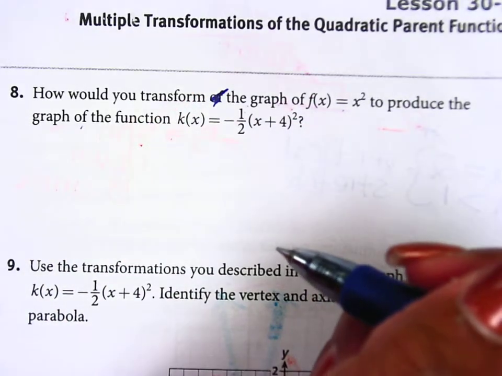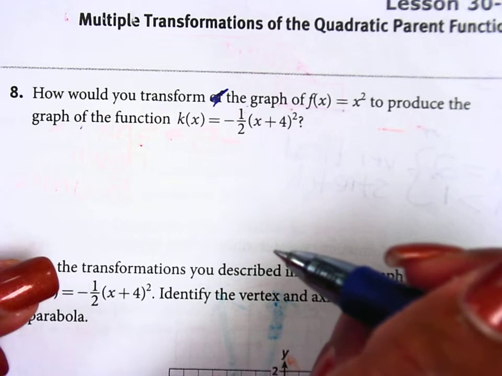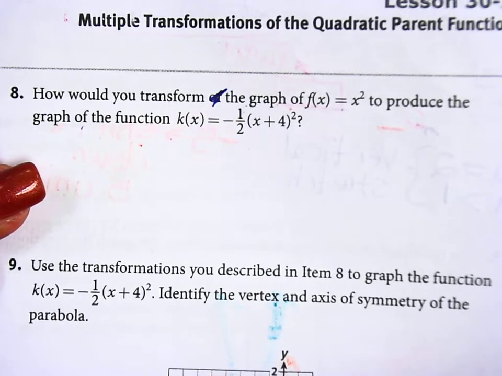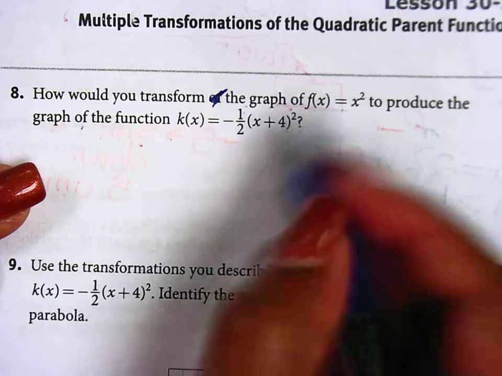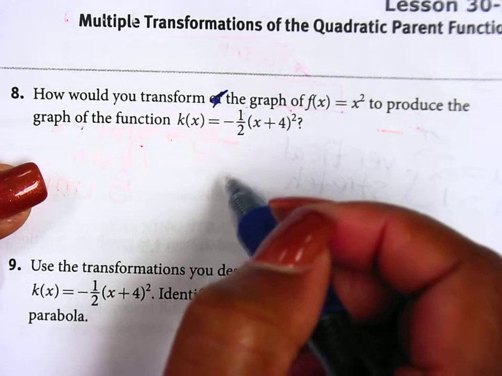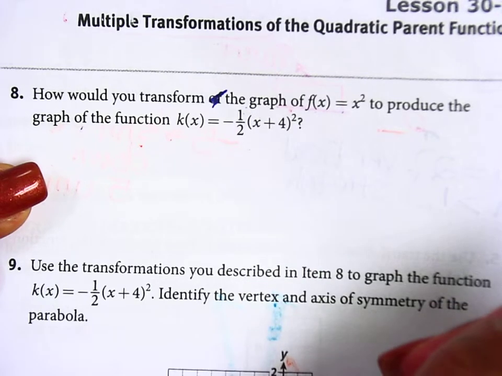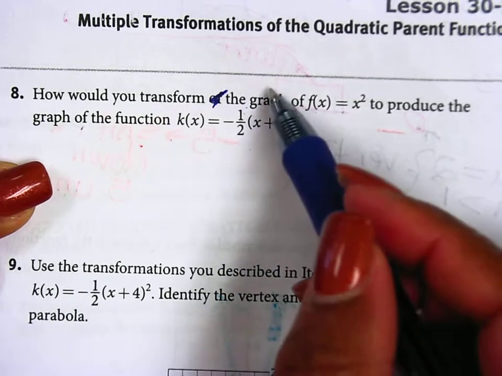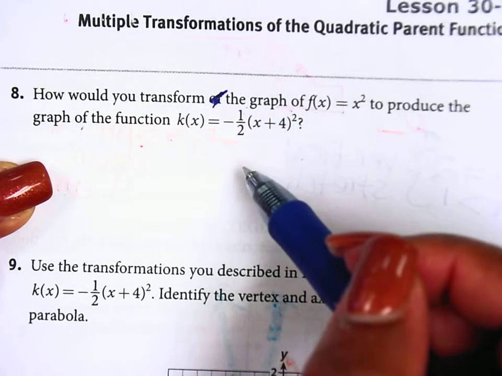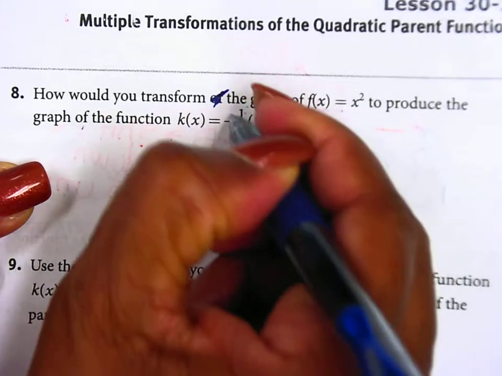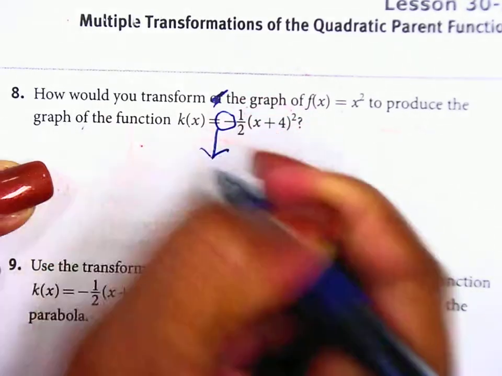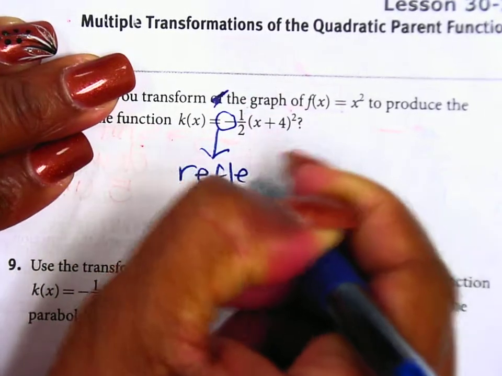Some of you probably want to distribute this. I wouldn't. Since you are Algebra 1 kids, just substitute values in for x and get your information to graph. Then after you get the graph, compare it to the parent function. You may not be able to tell every transformation. However, you should say, this is negative, so I know it's going to reflect over the x-axis.